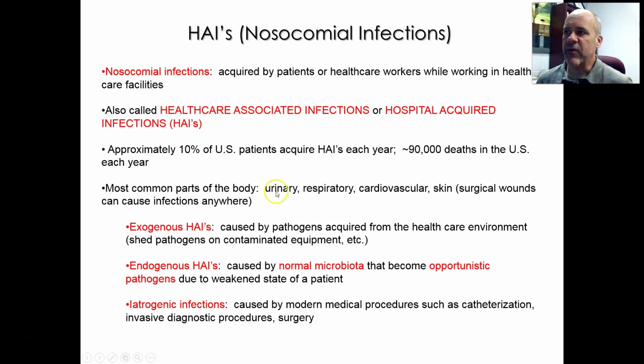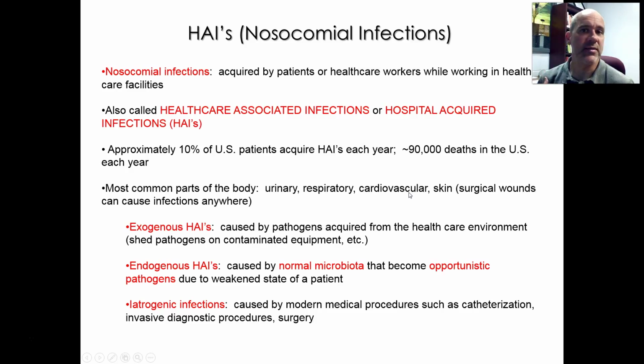The most common parts of the body: a urinary tract, very common because a lot of patients have Foley catheters inserted into the urethra to allow the bladder to drain. And that's a source for infection. Respiratory, especially if you're on a respirator, you're intubated. Cardiovascular, patients have IVs.